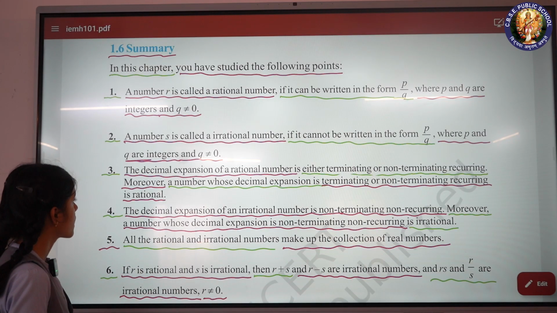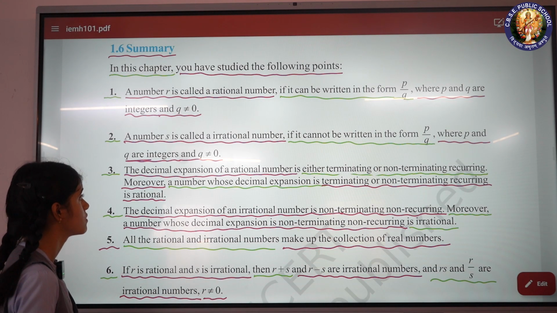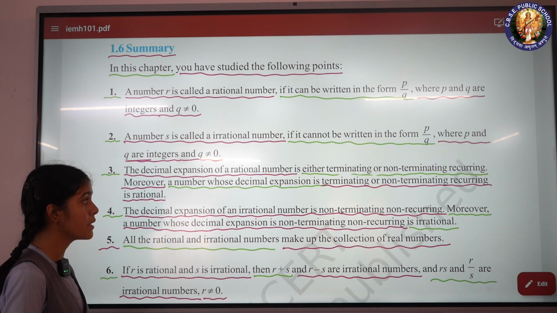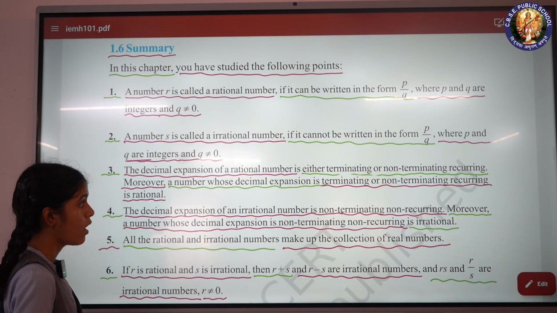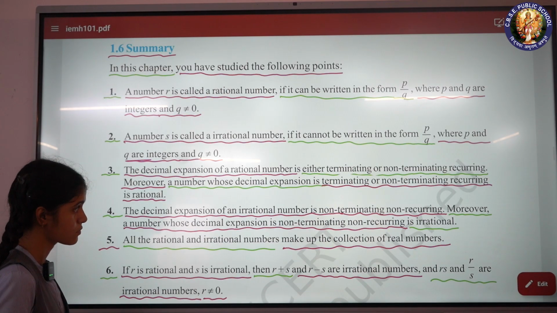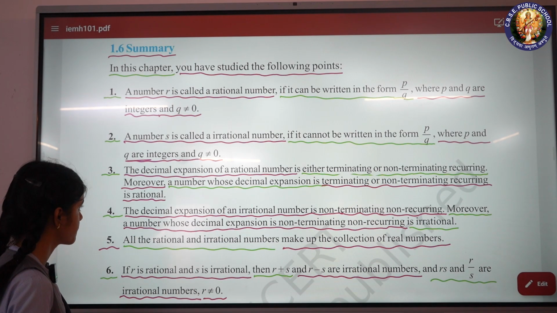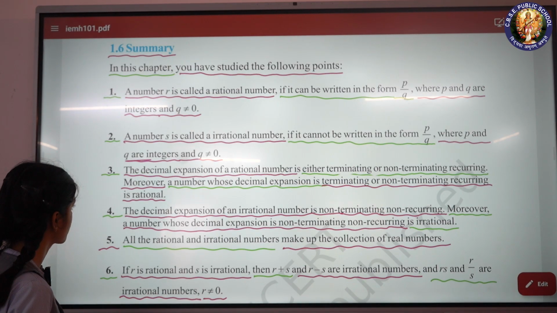Third, the decimal expansion of a rational number is either terminating or non-terminating recurring. Moreover, a number whose decimal expansion is terminating or non-terminating recurring is rational.